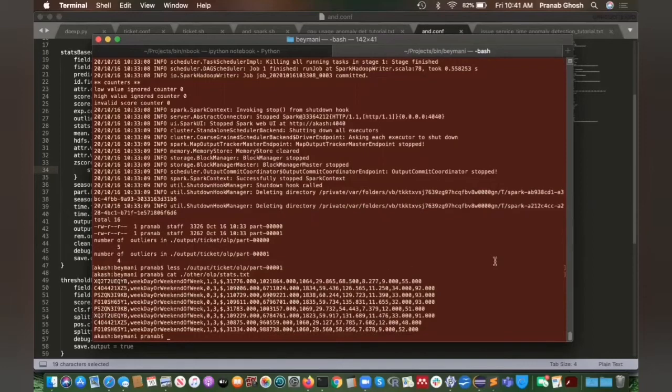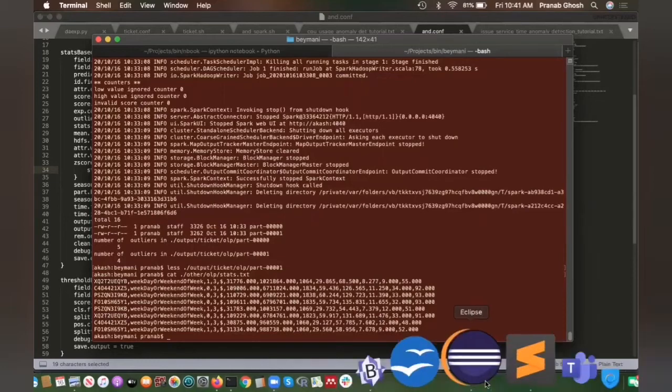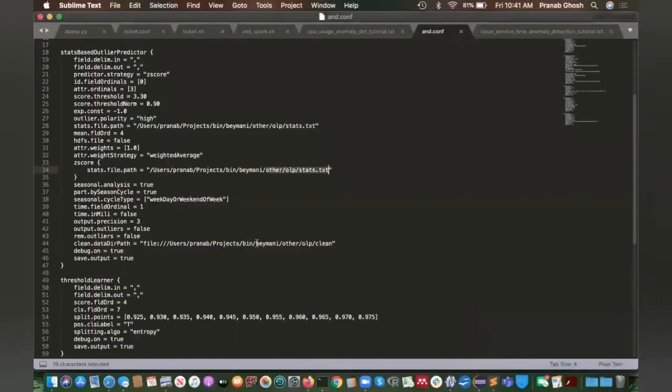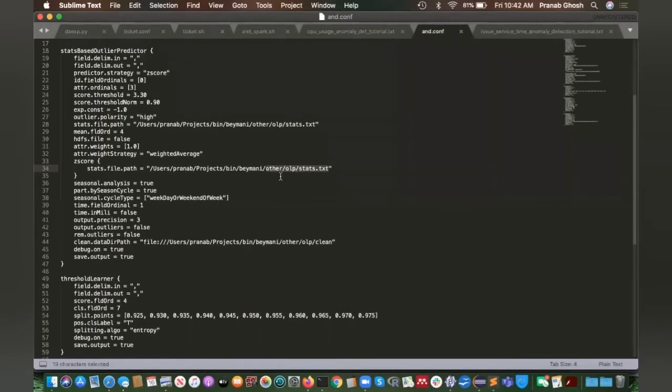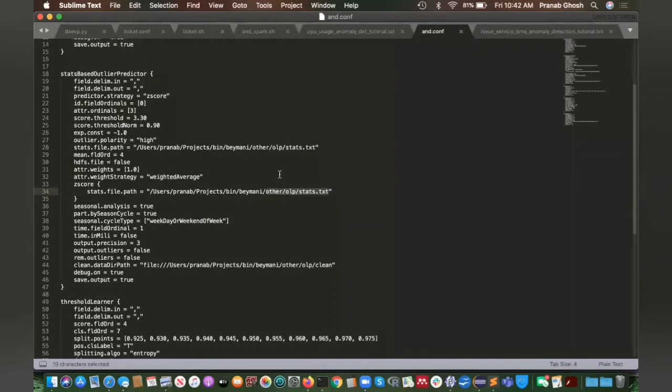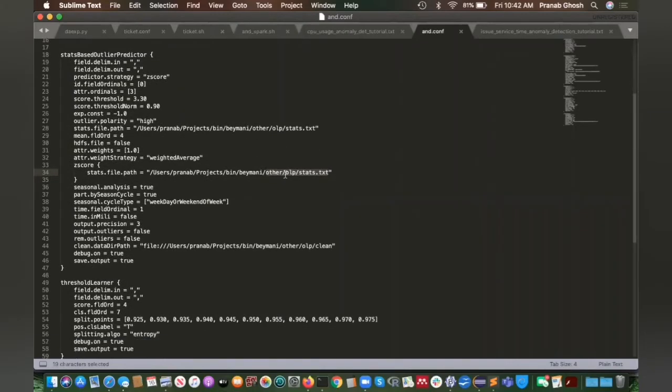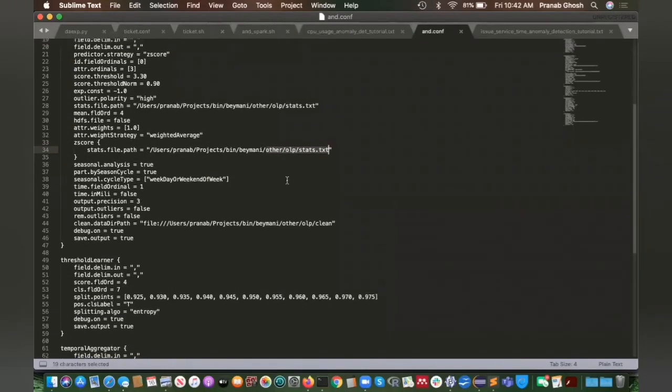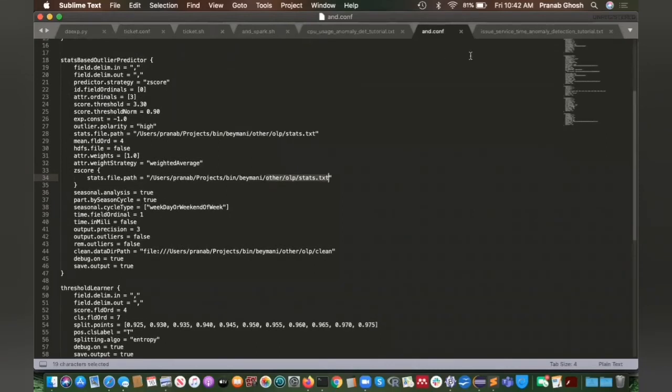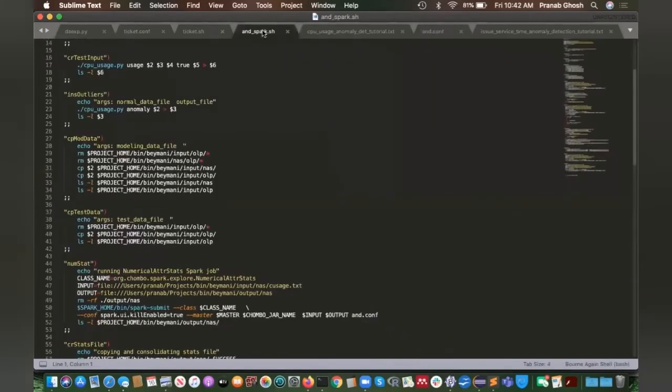So this gets used when we run the actual predictor Spark job, because we provide the path for this file with all the stats. I'm not going to run the actual Spark job for this. I'll just show you the output. You run it exactly the same way. This also has a shell script here.